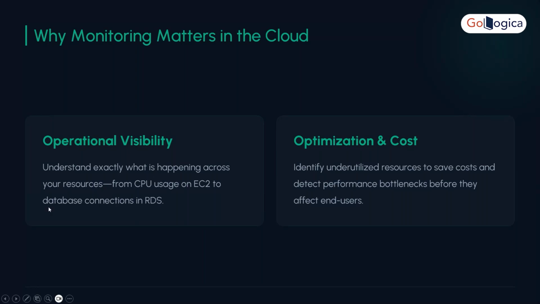For example, from CPU usage on EC2 to database connections in RDS. You can see how much CPU is currently being utilized by your EC2 instance based on current demand, whether it's 50%, 60%, 80%.